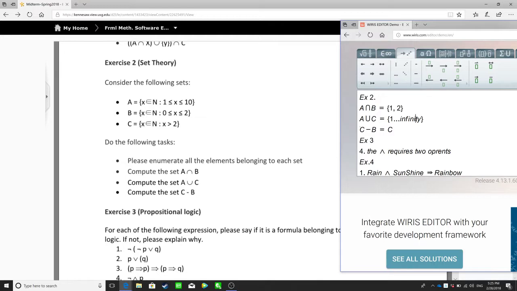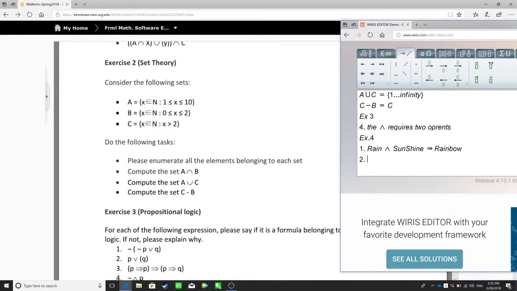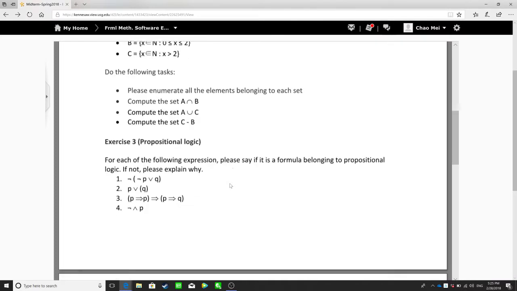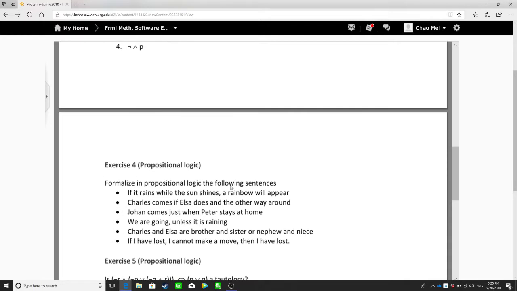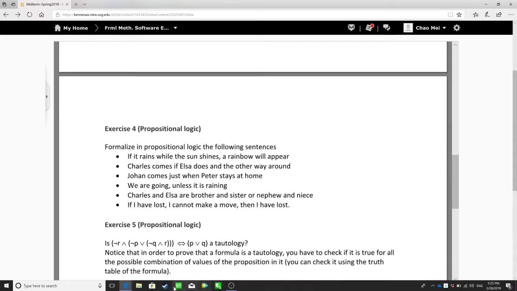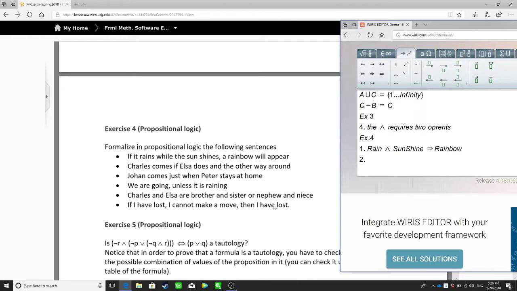Okay, great, thank you. Rain and sunshine. Let's go back to the propositional stuff. Charles comes if Elsa does, and the other way around. It's a little bit tricky. Charles comes if Elsa does, so Elsa implies Charles.